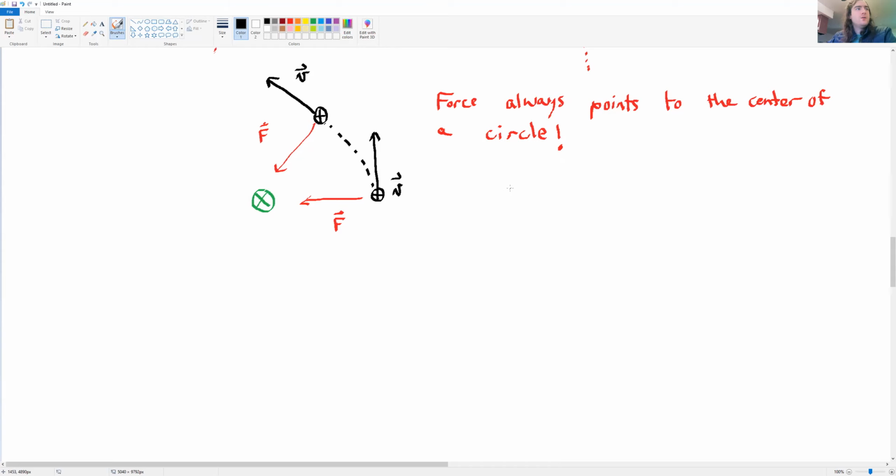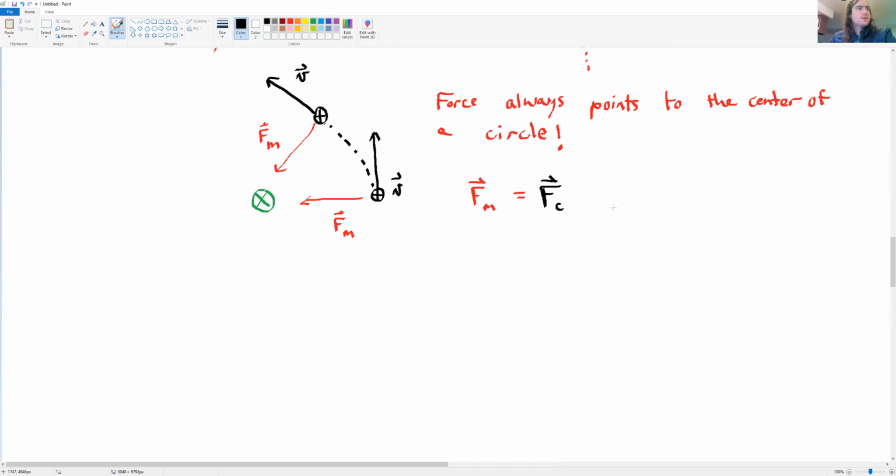And so what we can do is we can write, and actually let me go ahead and subscript these forces with the letter M here. So that's the magnetic force that we're talking about here, is equal to, go ahead and add some vector signs there, is equal to the centripetal force.